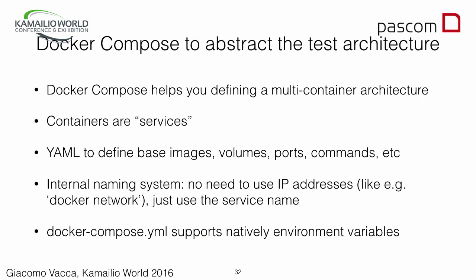tool that I wanted to discuss with you and share with you is Docker Compose, which is basically a tool that provides a higher level of abstraction with respect to Docker when you have an architecture with more than one container. So basically, each container is seen as a service, and there is a very simple YAML file syntax to define each service, from what container is represented, what type of base image is needed, what the volumes are, the ports exposed, and the commands to be run.